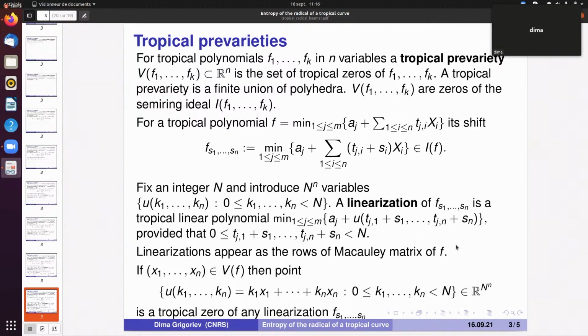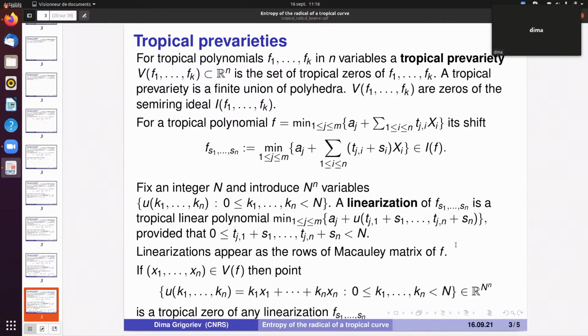So the idea of linearization is just to view the polynomials, as I said, as in the classical world, as elements of the infinite dimensional linear space of all the polynomials, and we are looking for their tropical zeros.